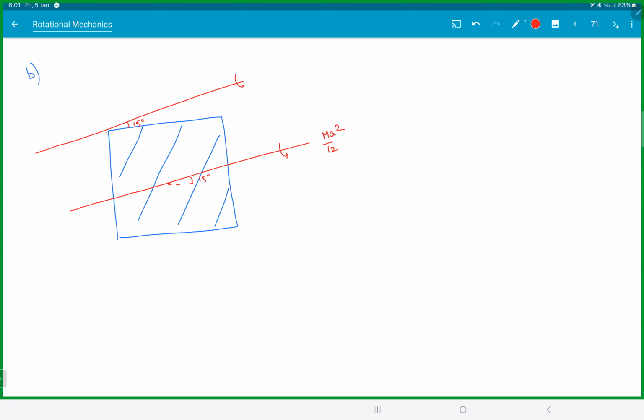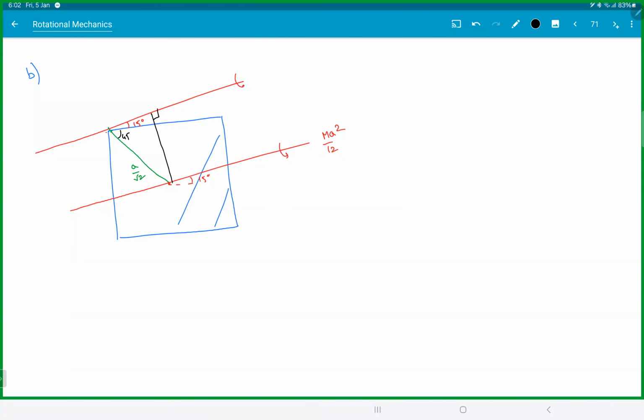This will always be this. The most common mistake people make is thinking this is the perpendicular distance. That is a mistake. This will be the perpendicular distance. Half diagonal is not the perpendicular distance. Half diagonal will be perpendicular if it is 45 degrees. So that is 15, this is 45.